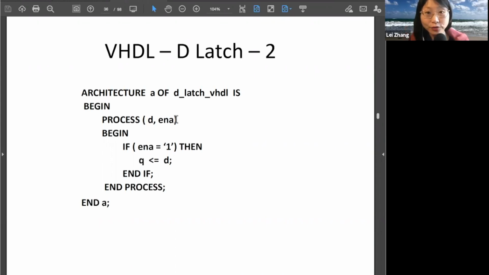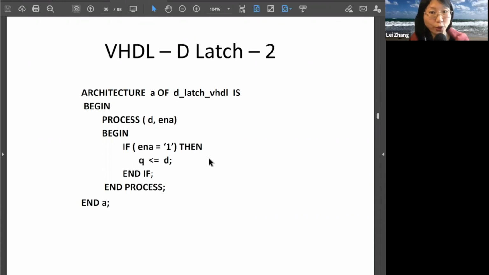Why do we have to have that list? Because the process only runs when the signals listed in the sensitivity list change values. If they don't change values, the process will not run. In other words, if you don't have anything listed in the sensitivity list, will this process run or not?